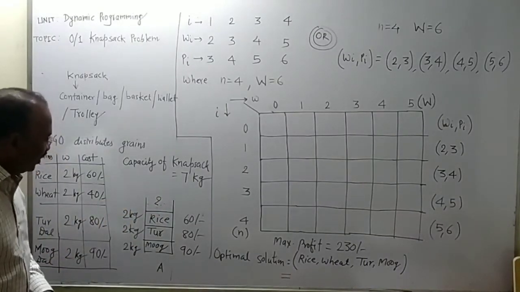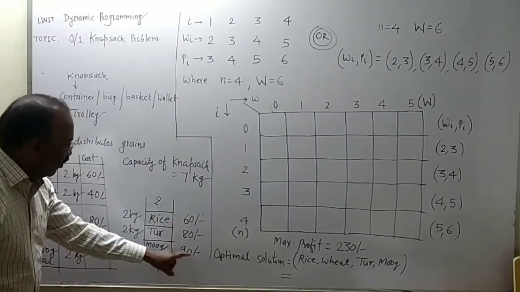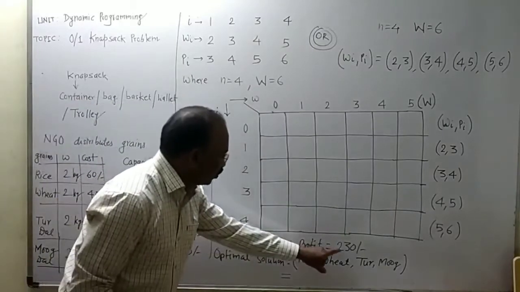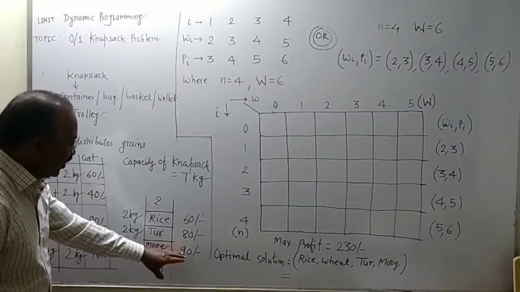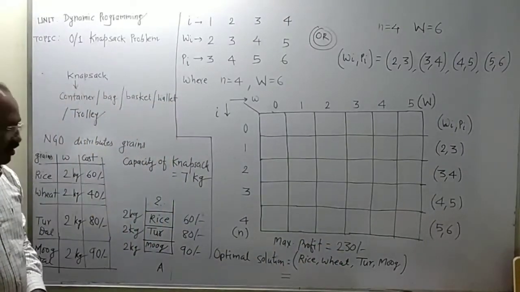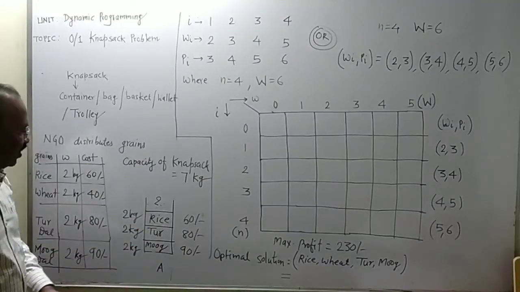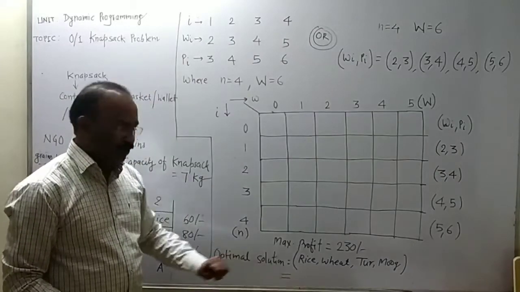So let us see here, if you add these amounts 60, 80, 90, it comes to 230. It means that the maximum profit is 230, right? And which grains are collected and which are not collected, that is inserted in the optimal solution.